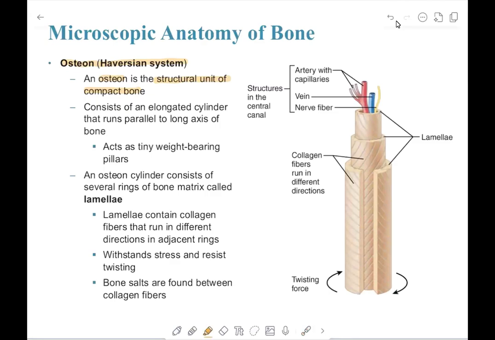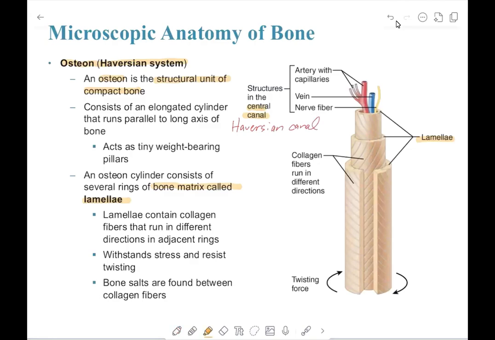And an osteon cylinder consists of several rings of bone matrix called lamellae, or we could say lamellar rings. This is the lamellae, so each one would be called a lamella. The osteon has a central canal in the very middle of it, which is also called a haversian canal.